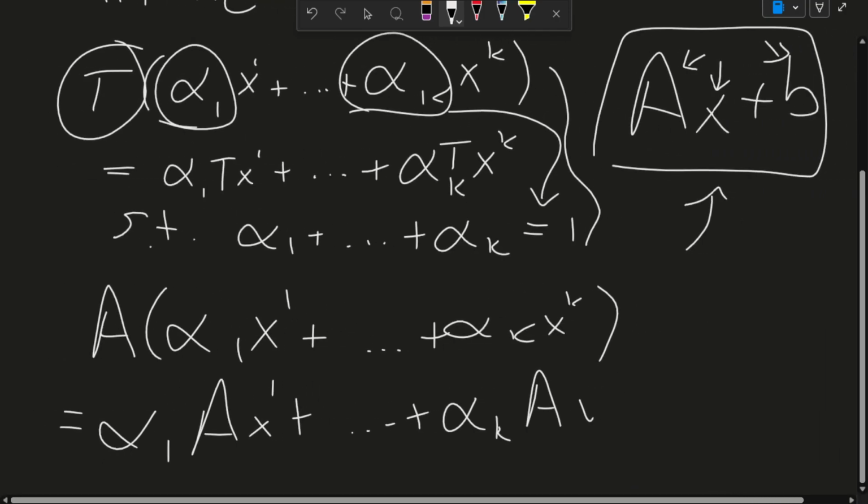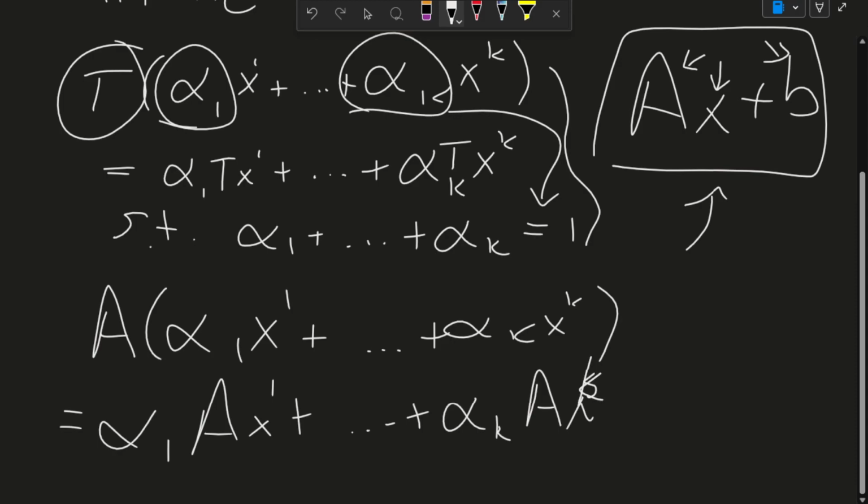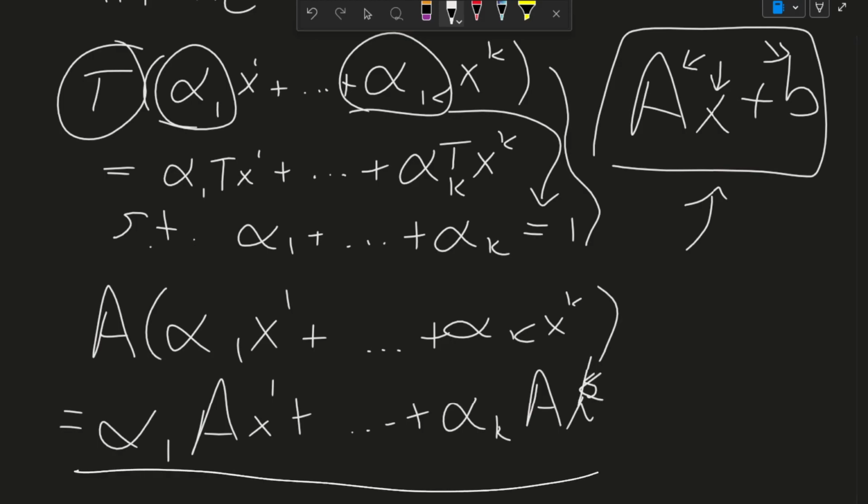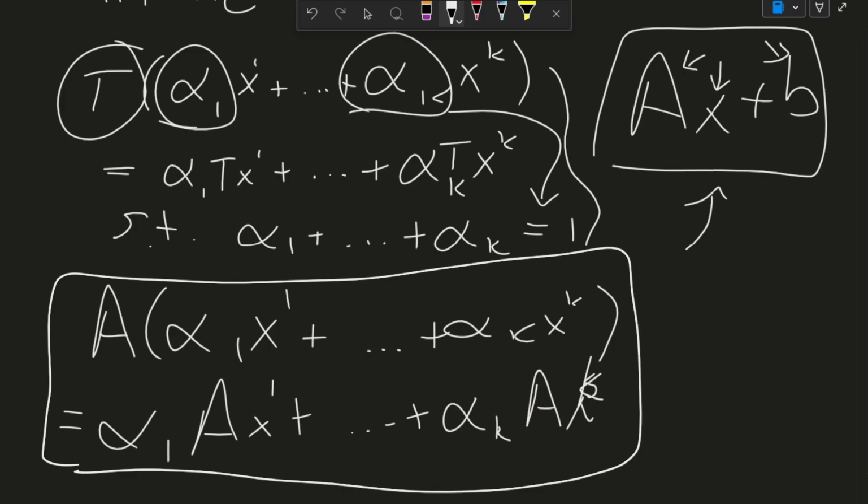So, in particular, linear transformations are affine transformations. Are there any questions about why linear transformations are affine transformations?